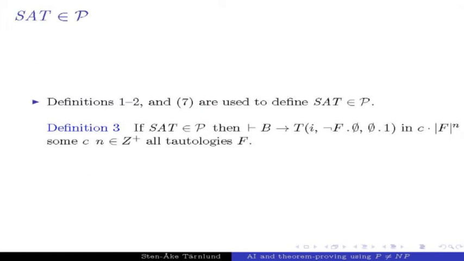And then we define sat is in P. If sat is in P, then that means that if we try to prove that this formula F is a tautology, and if I says the negation of F is unsatisfiable, then F is a tautology, and it computes in polynomial computing time. So that's the definition in this Hilbert proof theory, and that is useful to have. Okay.